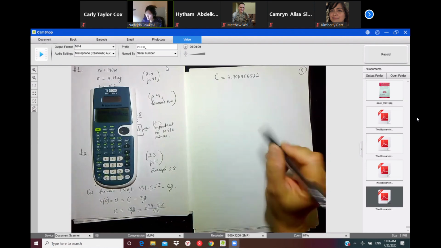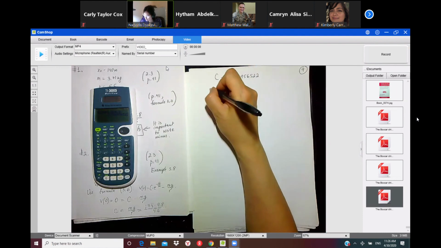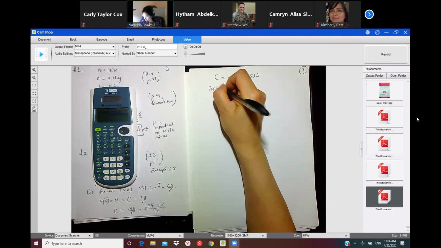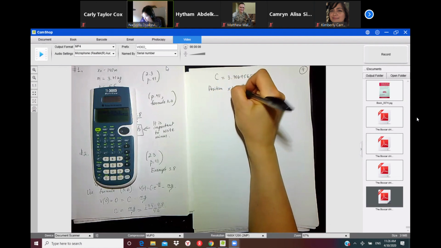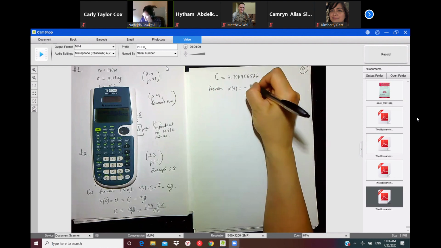Next step is to use the position function. So position function x of t equals, I'm copying this from page 41 right now. And this is the formula to have on your index card.